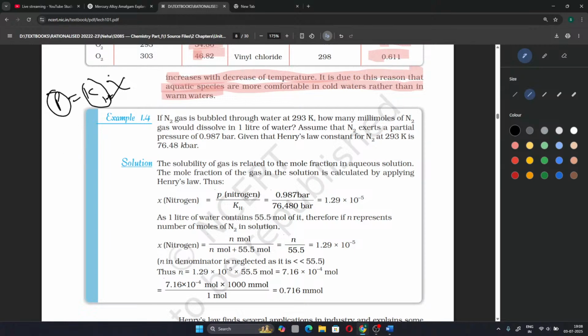And basically they are asking what is the solubility, the number of moles of nitrogen. We can take the total moles to be constant. In 1 liter of water, 1 liter divided by 18, if we convert into moles for water, which is around 22.4 moles, I think.